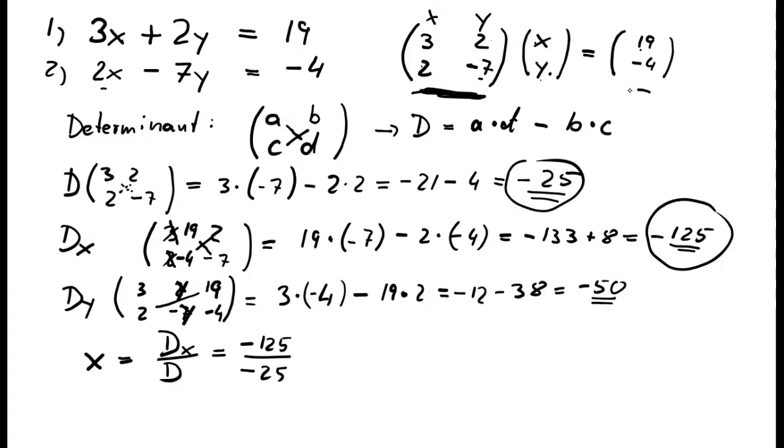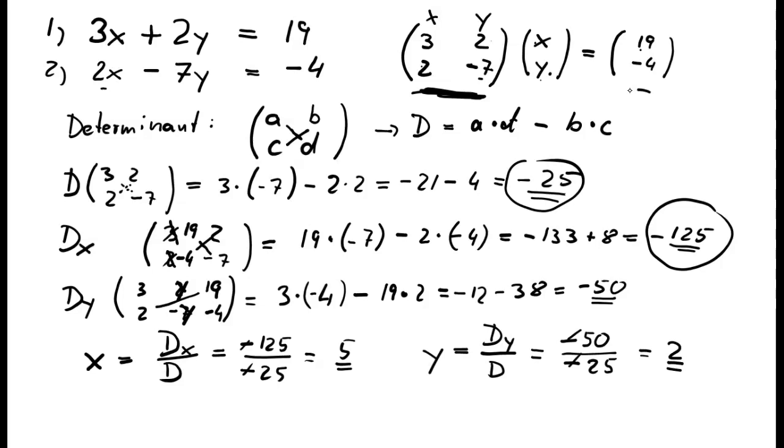So negative 125 divided by negative 25, the negative sign cancels out, and the result would be 5. And we can do the same thing for y. So y is the determinant of y divided by the general determinant. So that would be negative 50 divided by negative 25. Again, the negative cancels out, and we have for the result y equals 2.